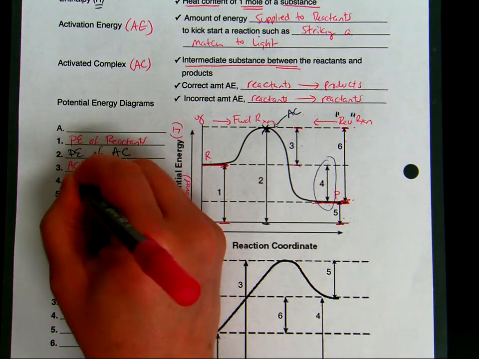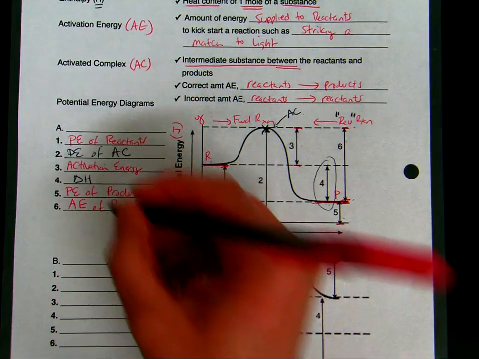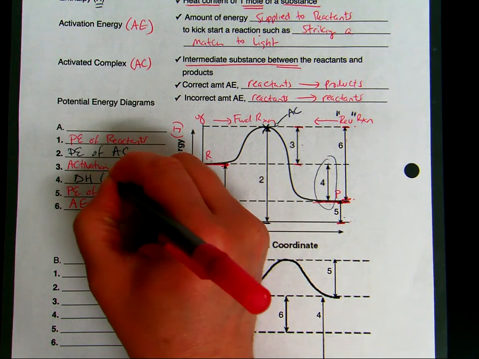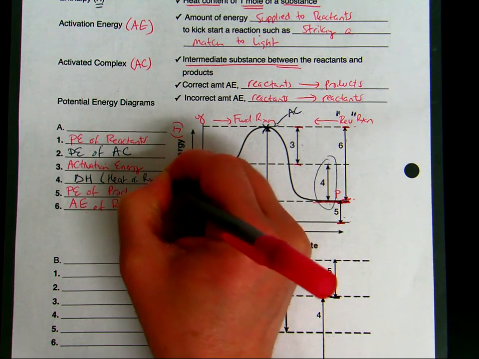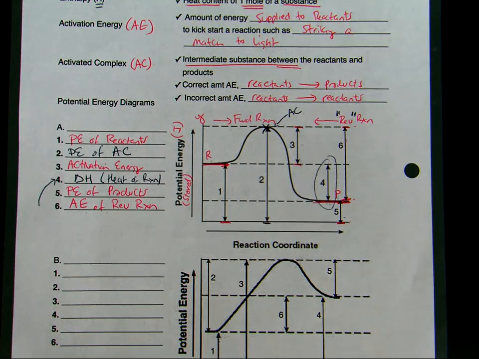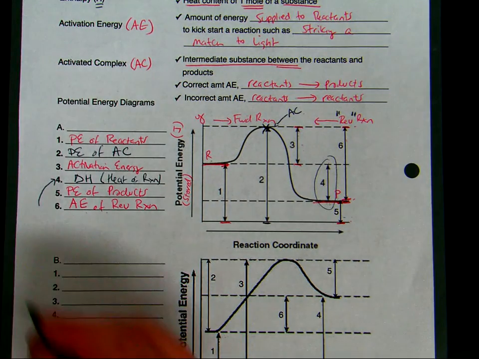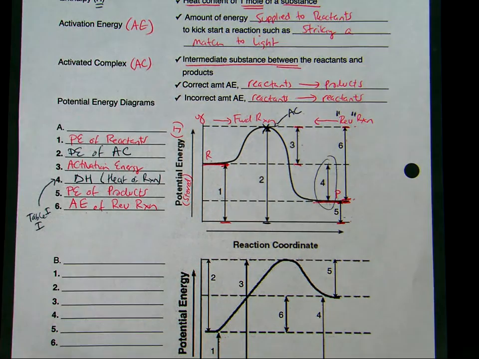So that must be our delta H, the heat of reaction. So I'm going to maybe put that in parentheses. So the heat of reaction. And these delta H values, if we need to know it for a particular reaction, is on table I.